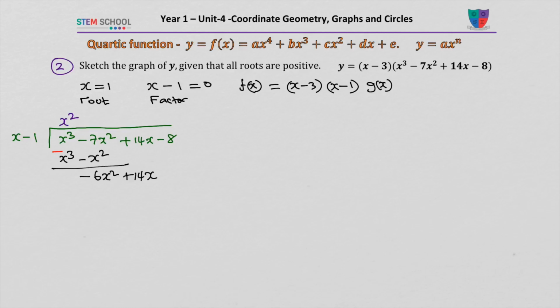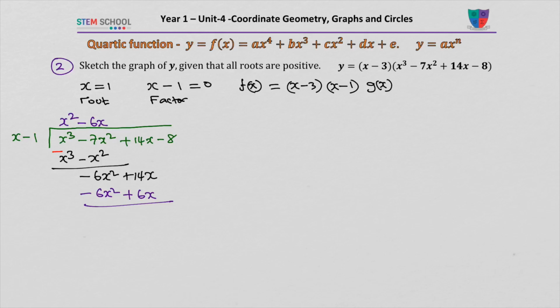That would be minus 6x. Minus 6x times x would be minus 6x squared. Minus 6x times minus 1 will be plus 6x. Draw a line.